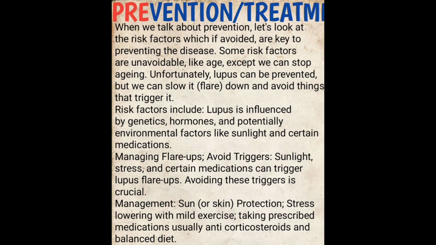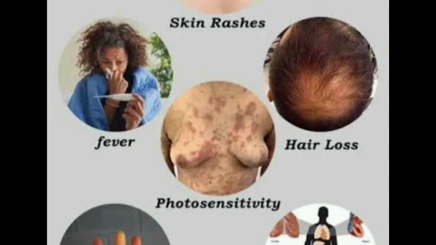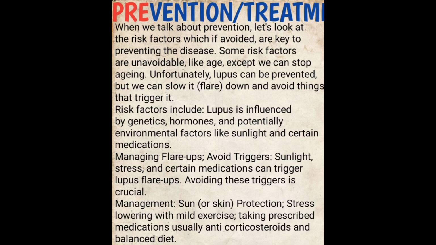You have to protect your skin, not moving into intense sunlight. That is what is called photosensitivity, as drawn in this diagram here, in the photo. Stress, you do mild exercises to lower your stress. Just make sure you take your mind off these stressful things as well.